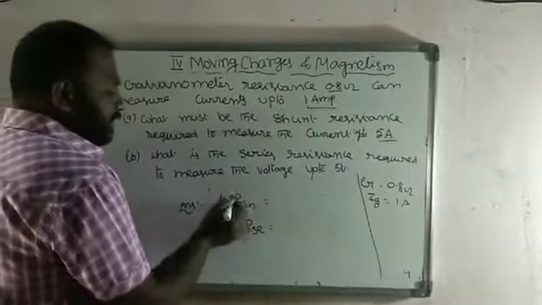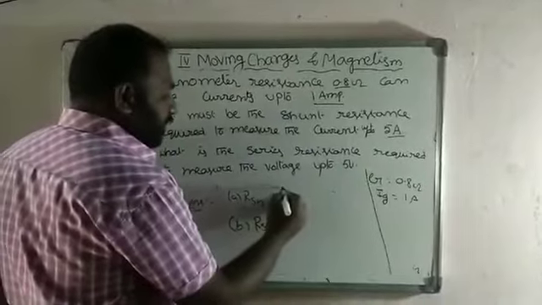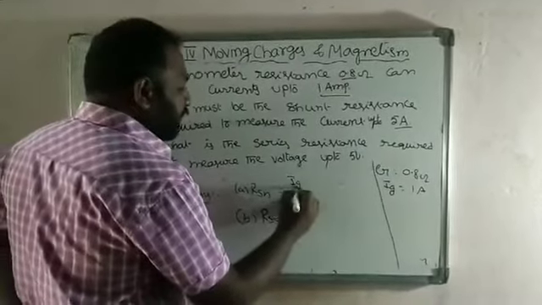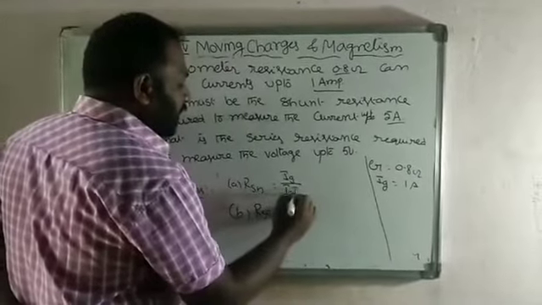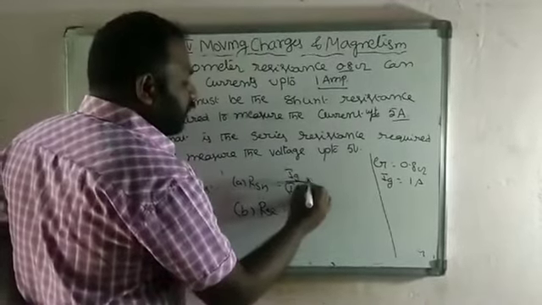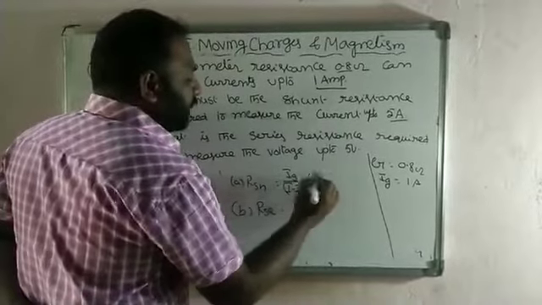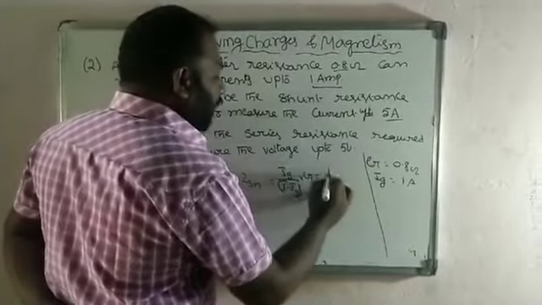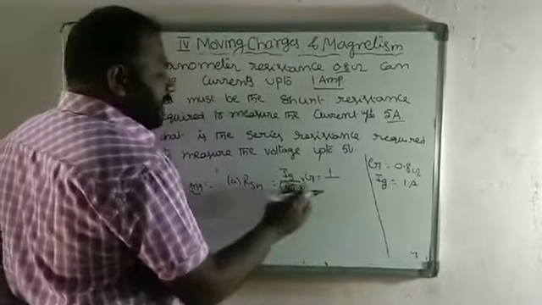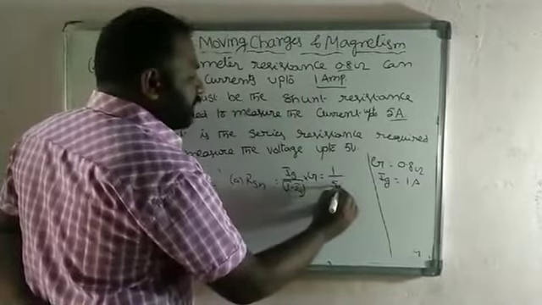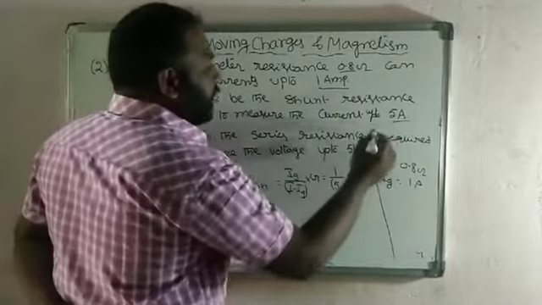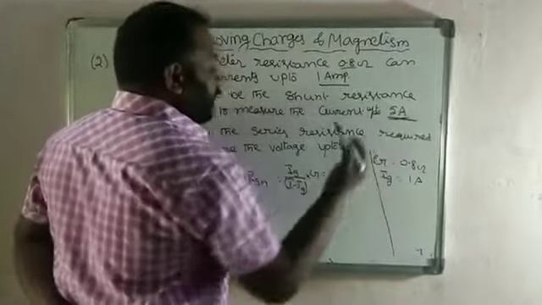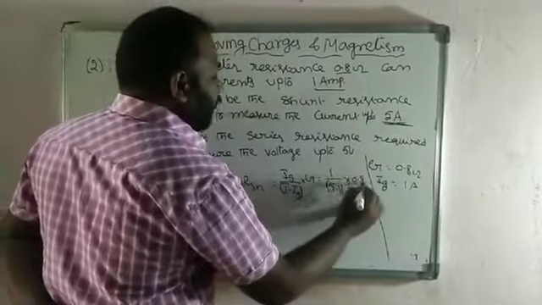What is the formula for the shunt resistance? It is Ig divided by I minus Ig, into G. Here Ig is 1, divided by I minus Ig, which is 5 minus 1, because the range of the ammeter is given as 5 amperes, into 0.8.